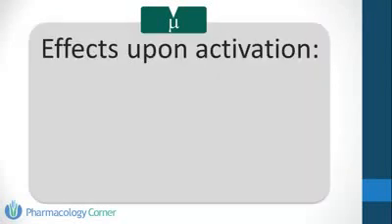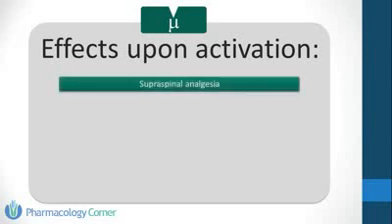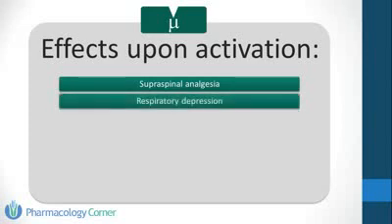Effects upon activation of mu receptors include cerebrospinal analgesia. This is caused by receptor activation in the periaqueductal gray, thalamus, cerebral cortex, among other anatomical regions. Respiratory depression, which is produced by effects on the respiratory center, making it less sensitive to carbon dioxide concentrations.